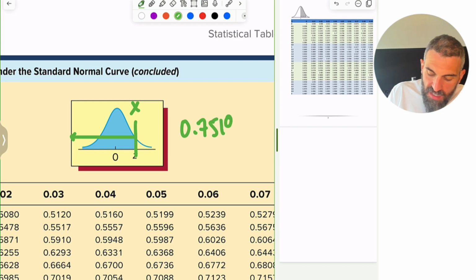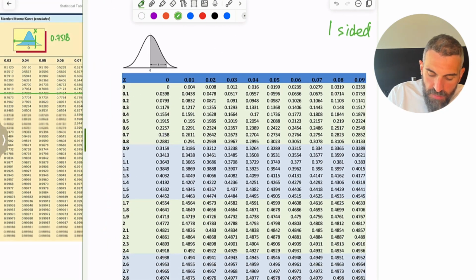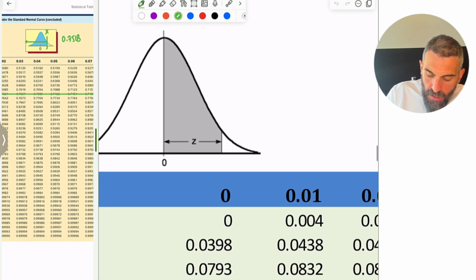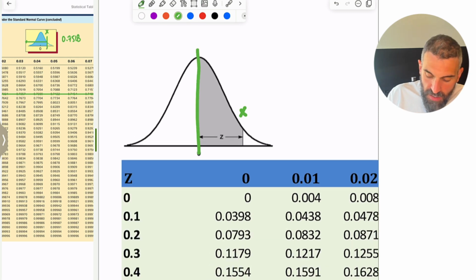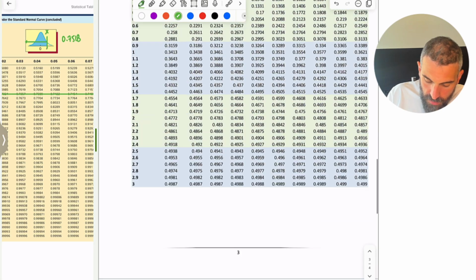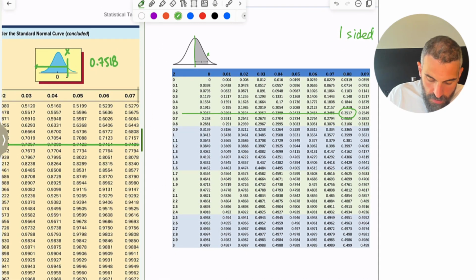Now, if you use the one-sided table, it's pretty much the same, except the difference now is that the table gives you the area between your x and your midpoint, or your midline, in this case, the expected value. So if we look up 0.68, you're going to find 0.2517, or 0.2518.